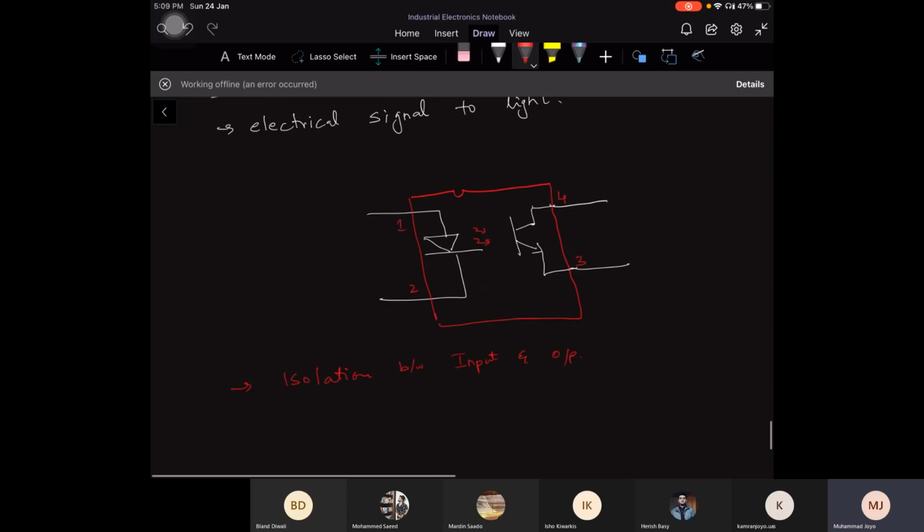For example, let me give you one of the examples here. We have a power supply here.